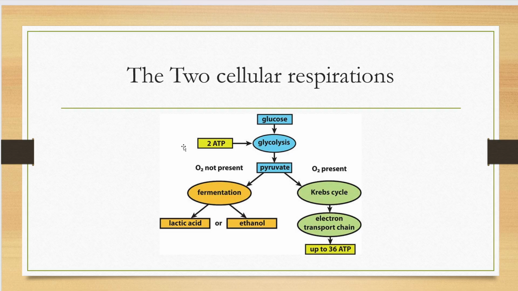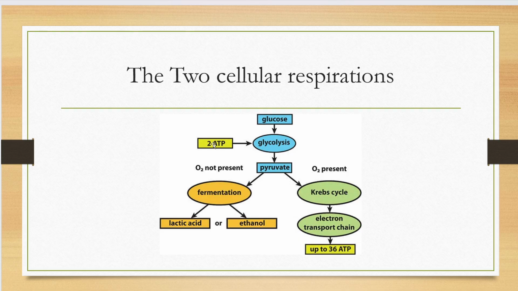So it also needs ATP, and the oxygen is not present in this cellular respiration process. Like I said, it starts off with the glucose, and it goes to glycolysis, and then from there it goes to the pyruvate.